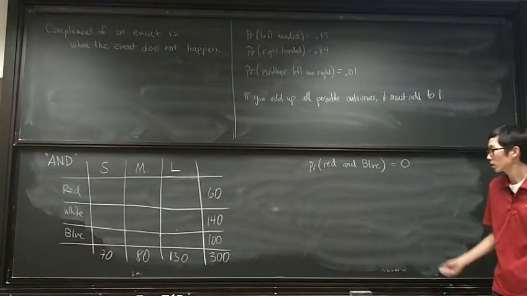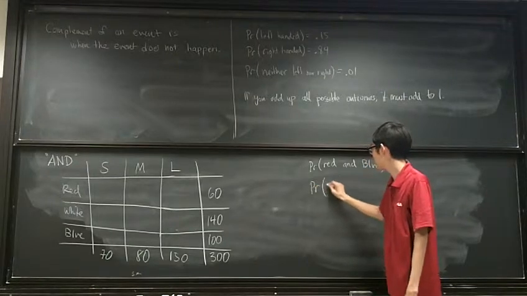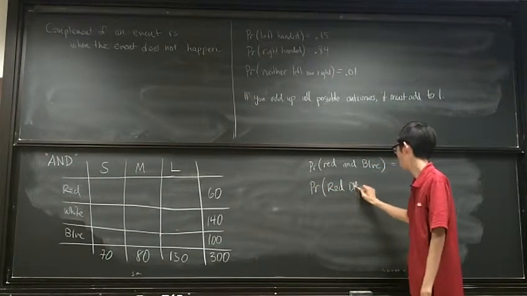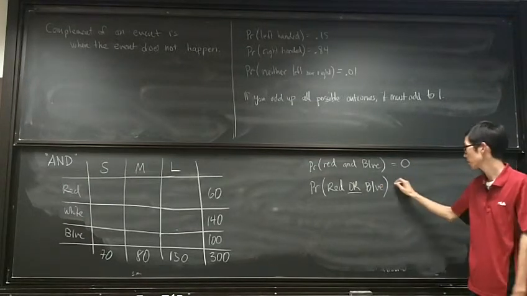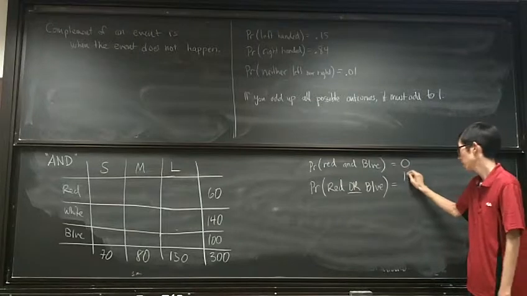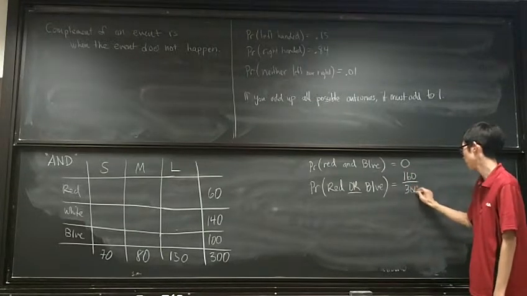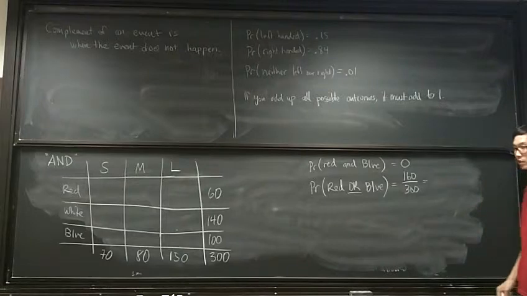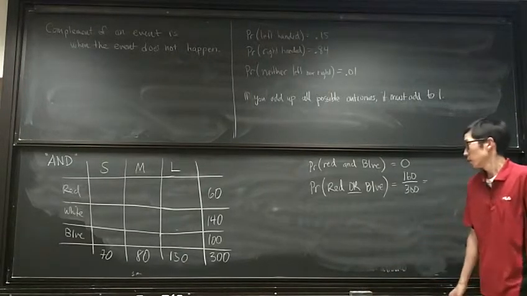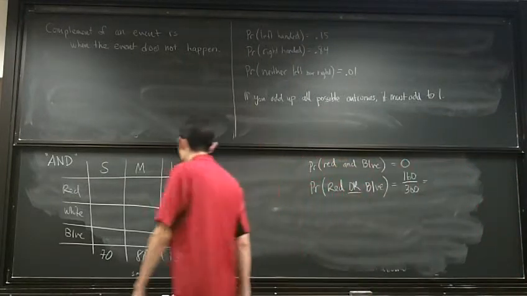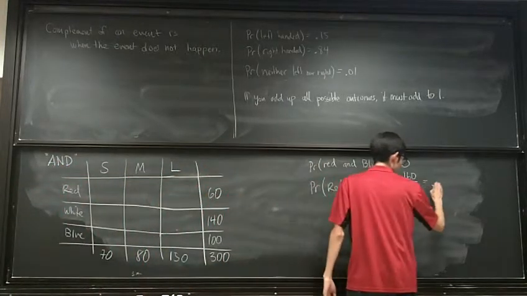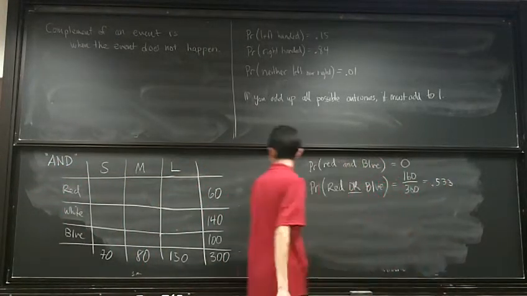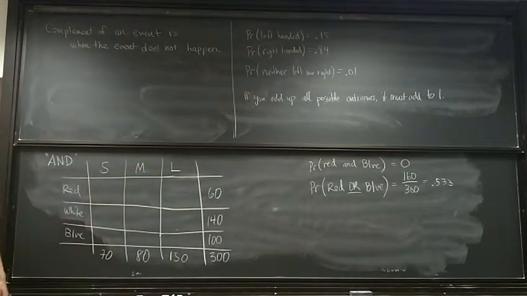Okay. What if I ask, what's the probability that a shirt is red or blue? That's 160 out of 300. 160 over 300. Is that okay? 0.5333. Okay.